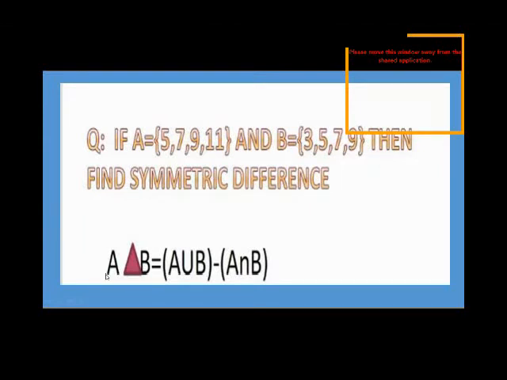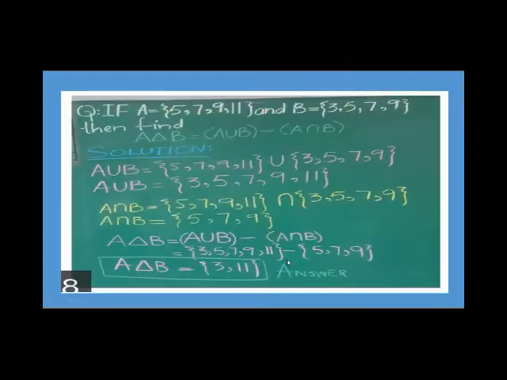Then any one of the conditions will be given. Here, condition number 1 is given, that is A delta B equals A union B minus A intersection B. So we note the question, set A is given, set B is given, then find by the first condition.